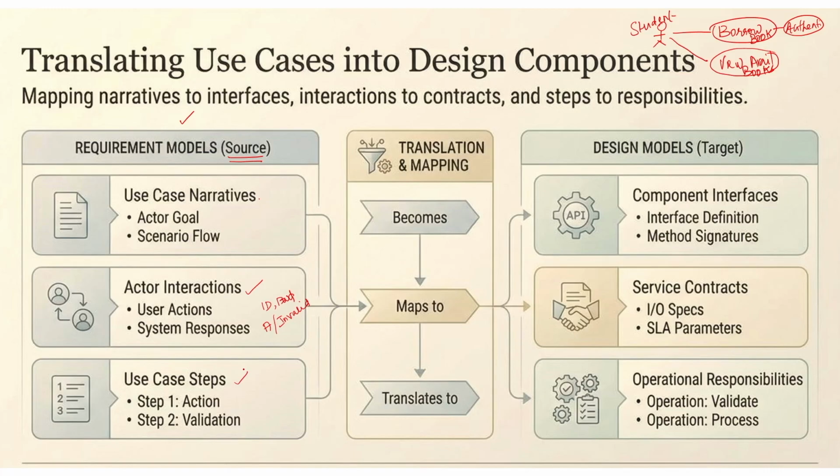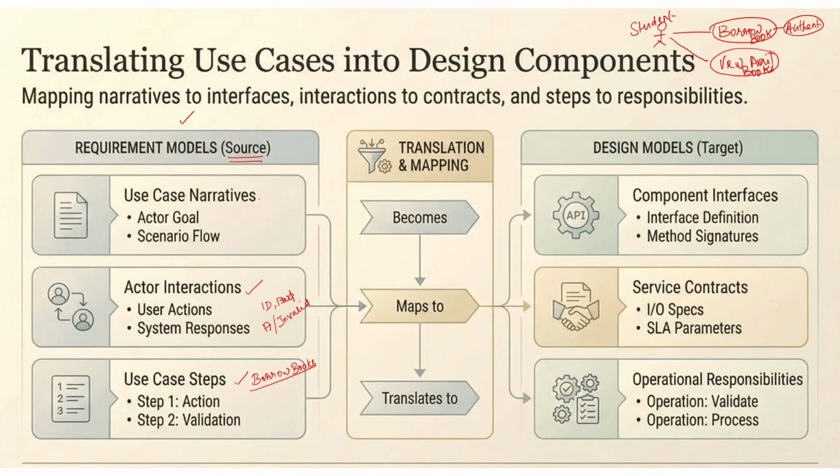If your use case is borrowing the books, what could be the series of steps? You have to check whether the book is available, and if it is available, you have to associate that book to the corresponding user ID, and you have to reduce the number of books available in the inventory. All these are the steps within the use case.